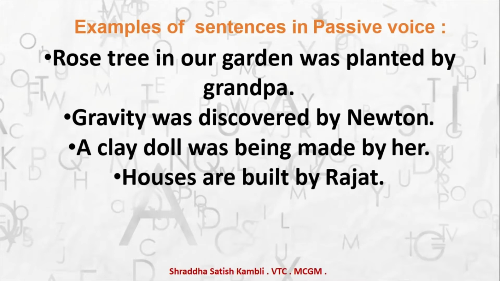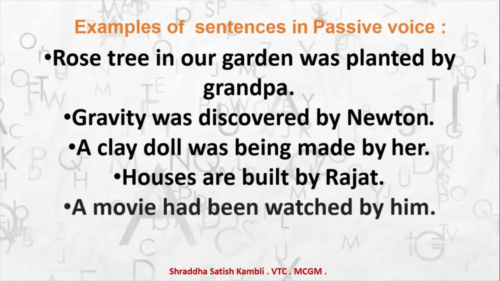Houses are built by Rajat. So you can say the use of the word by here. Okay, keep that in your mind. Then a movie had been watched by him. So these are all examples of sentences in passive voice. The same sentences we have seen them in active voice just a few minutes ago.